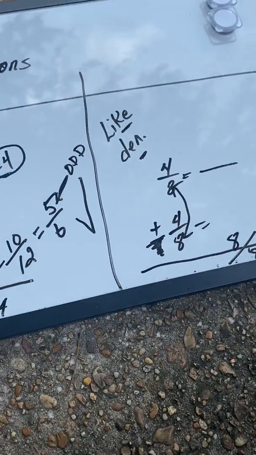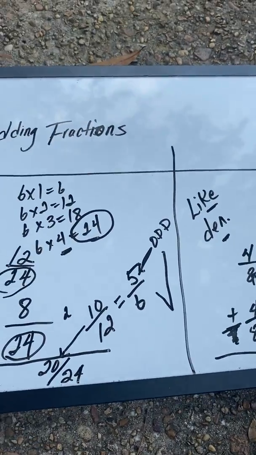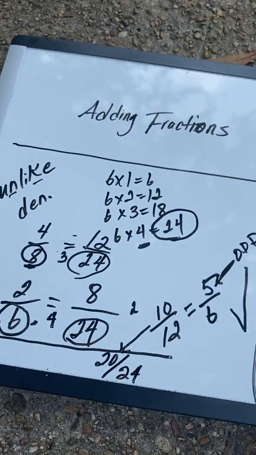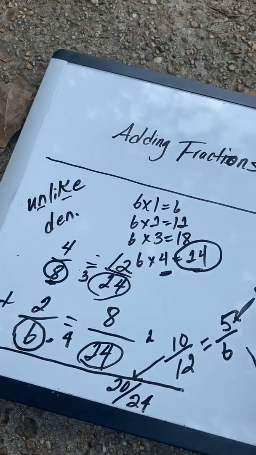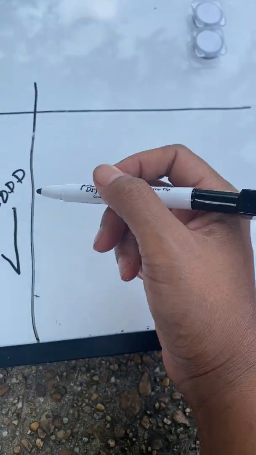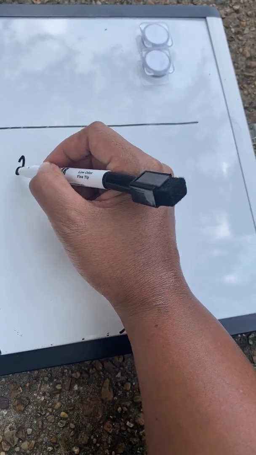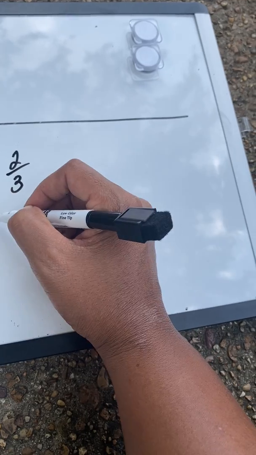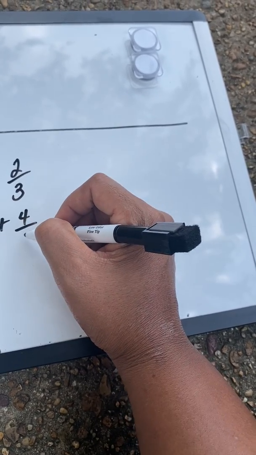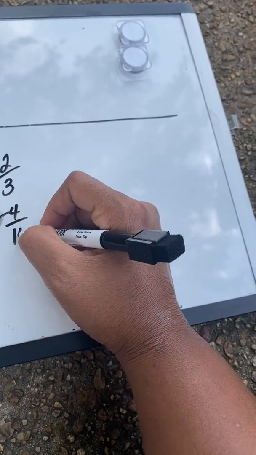This is something that you guys must practice, okay? I want to do another one with an unlike denominator. Make sure you guys get the gist of it, all right? So I'm going to take a small number, 2 over 3 plus 4 over 15.